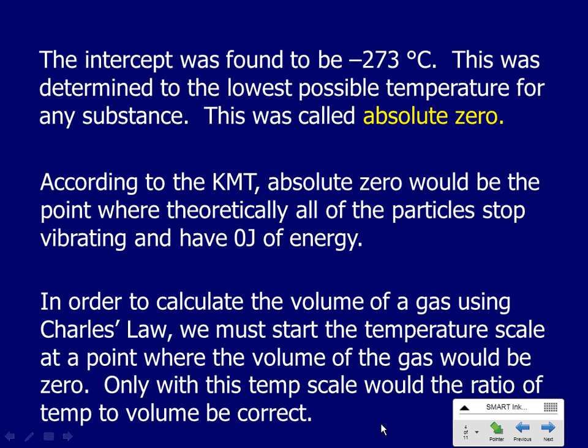Some students ask me, what about outer space? Outer space is pretty empty. It's pretty cold. There's no sides to outer space. But scientists have even measured the temperature of empty outer space, and they found it to be about 3 degrees Kelvin, 3 degrees above absolute zero. It's believed that this temperature comes from the heat that was produced by the Big Bang when the universe itself was formed.